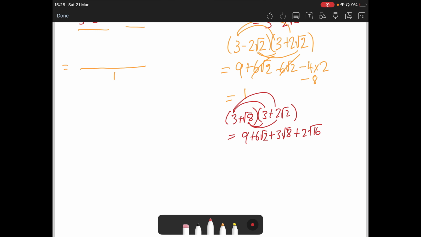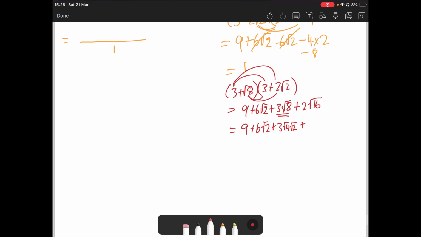Okay. We can do a bit tidier now. So you'll notice that I'm going to simplify this third. So this is the same as writing 3 root 4 root 2, because you'll see why in a minute.